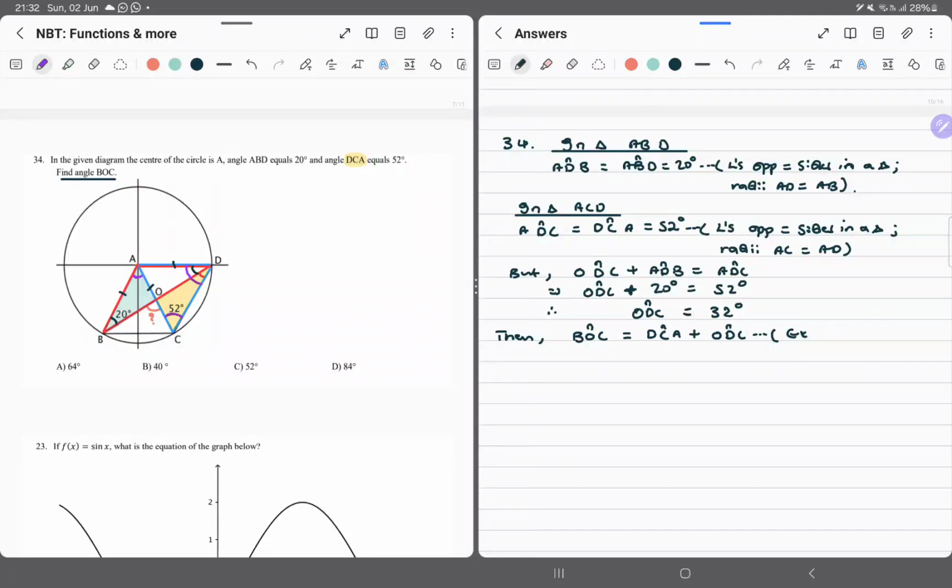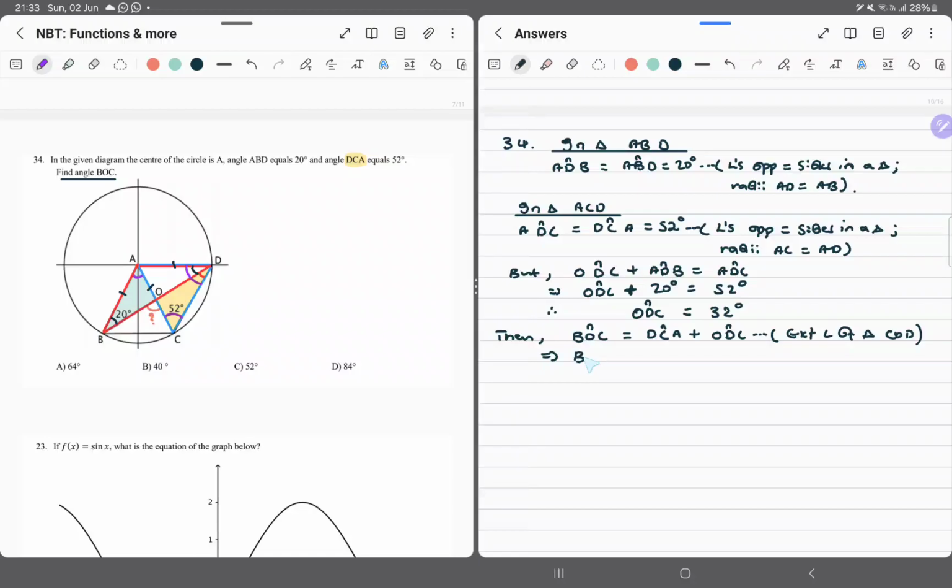Why? Exterior angle of triangle. This time we didn't want to name it separately. We're going to say COD. So, as long as someone understands, okay, you're talking about yet another triangle. And it does look like that indeed.